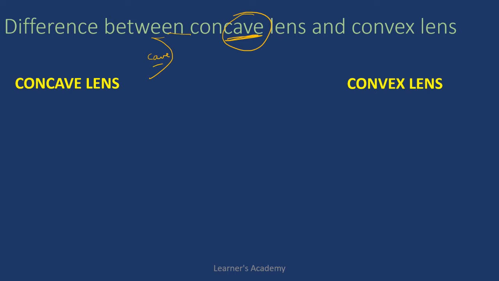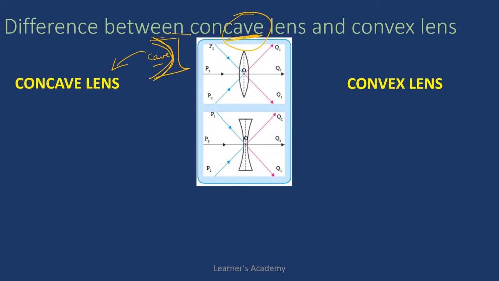All right. So the lens that has got this structure will be a concave lens. All right, now I will show you the picture of a convex lens and a concave lens. Now which one is having the same structure like a cave? This one, right? So this is a concave lens and this one is a convex lens.